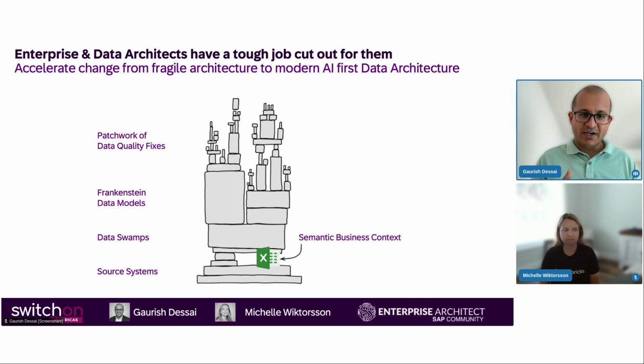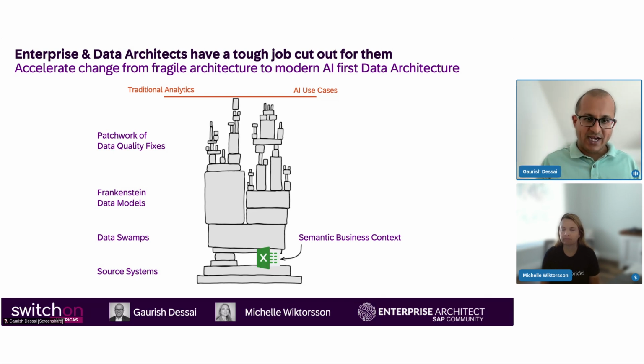And on top of that, we have built data models and applied a patchwork of data quality fixes. So every time someone asks for a new dashboard, we go through a cycle of checking the data quality, making patchwork adjustments, and trying to fix that on the fly. And now on top of the same data architecture, there is a constant need of balancing traditional analytics as well as the new AI use cases.